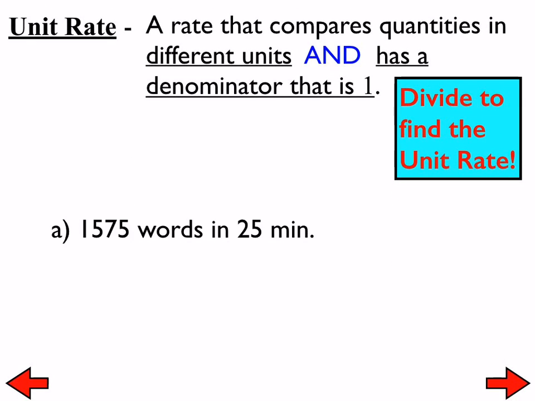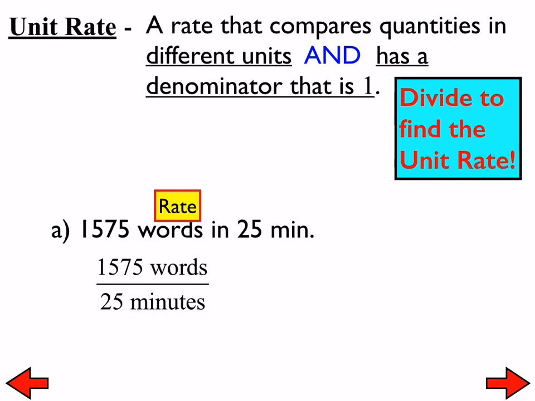So a couple of examples. If we were given 1,575 words in 25 minutes, that is a rate, by the way. But if we're trying to figure out what that is as a unit rate, we would need to divide that. 1,575 divided by 25. Notice how I wrote it as a ratio first, but I'm showing off to the side how we get there.